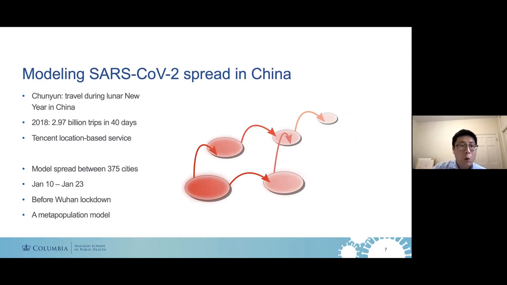We used location-based surveys to keep track of people's movement across different cities during the period. And we modeled disease spread between 375 cities in China during the period from January 10th to January 23rd, before Wuhan lockdown. We used a metapopulation model to simulate the spatial dispersion of the disease within China.